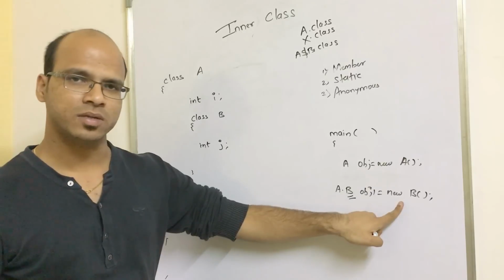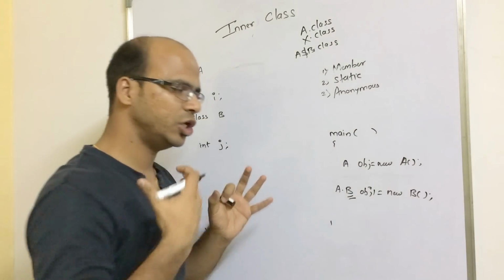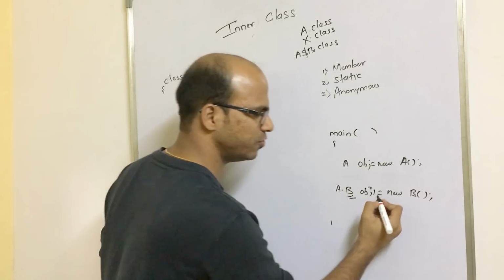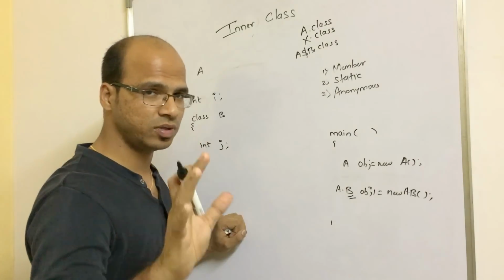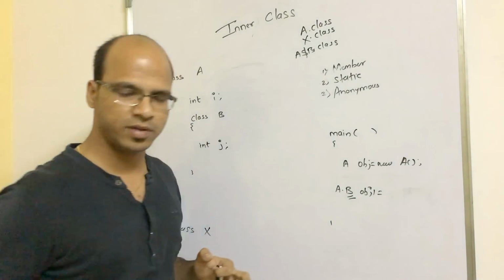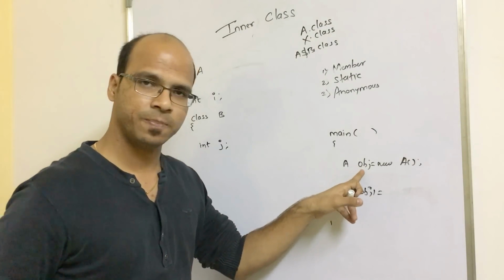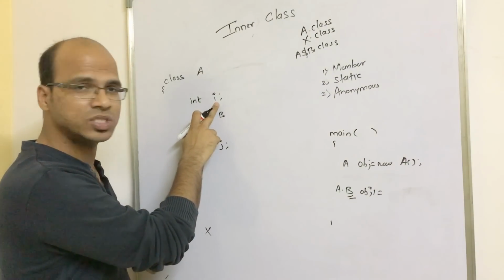But what about with the object? The thing is, when you work with the object, you cannot say it is new A dot B. That's not the case. This will not work. In order to create an object of B, we need an object of A. For example, I is an instance variable, right?